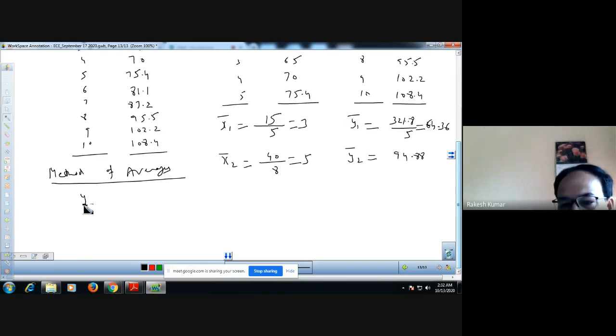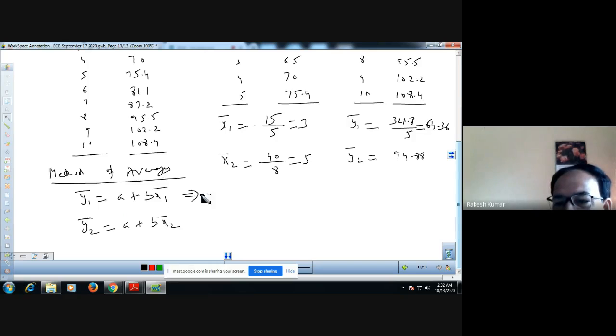Now from the straight line we can find y1 bar equal to a plus b x1 bar. This is the procedure actually. So this is equation number 2. First of all, put the values in. Similarly, we shall have the second equation for group 2, y2 bar equal to a plus b x2 bar.